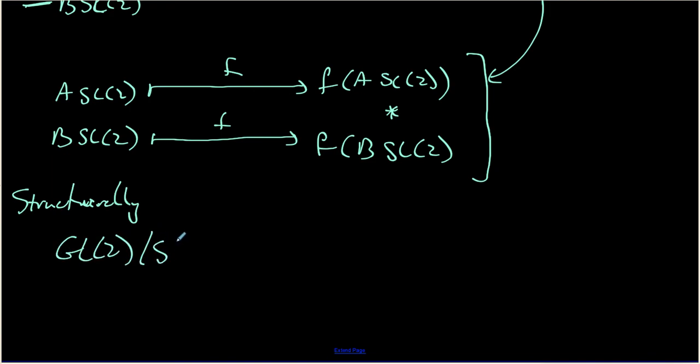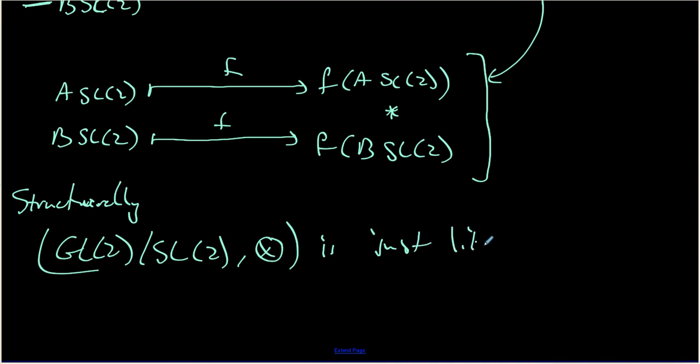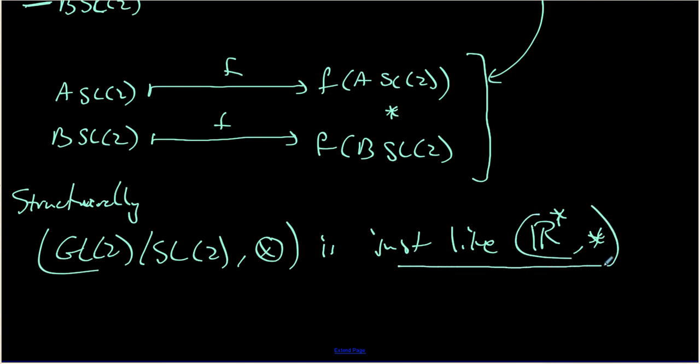GL2 mod SL2 under its coset multiplication is just like R star under its multiplication. So everything that we know about R star under its ordinary old multiplication applies to the quotient group GL2 mod SL2.